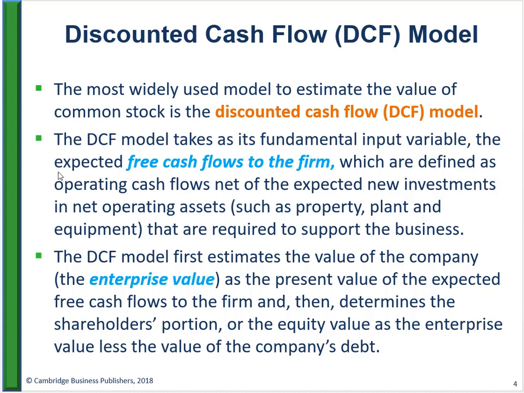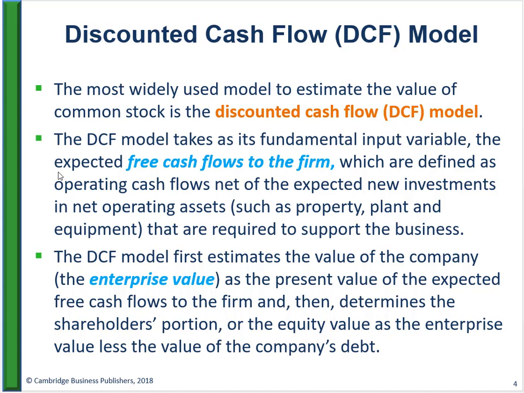Then the sum total of those free cash flows to the firm as discounted creates what we call enterprise value, which is the value of the entire organization, independent of how that organization is financed with either debt or equity. Another way of saying that is we've just calculated the enterprise value, which would include both debt and equity.